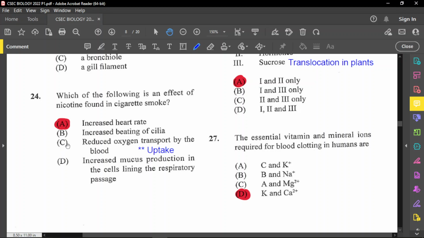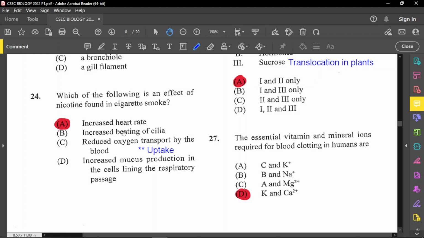I make a point right here at option C because, I mean, again, it is because of low oxygen why the heart rate increased. But notice what the nicotine is doing right here. They said this one reduces oxygen transported by the blood. No, it reduces the uptake of oxygen by the capillaries because the alveolus, or alveoli, to pluralize, will be covered in tar.